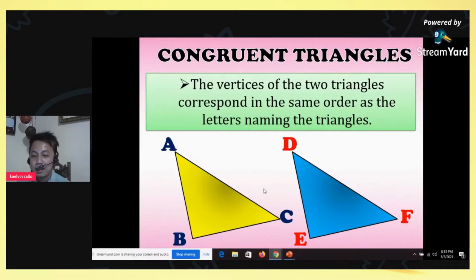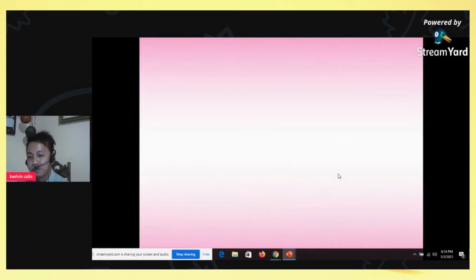So, we have vertex A corresponds to vertex D, vertex B corresponds to vertex E, and vertex C corresponds to vertex F. So if you name the first triangle as triangle ABC, then the second triangle should be triangle DEF. Or if you name the first triangle as triangle BCA, then the second triangle should be triangle EFD.